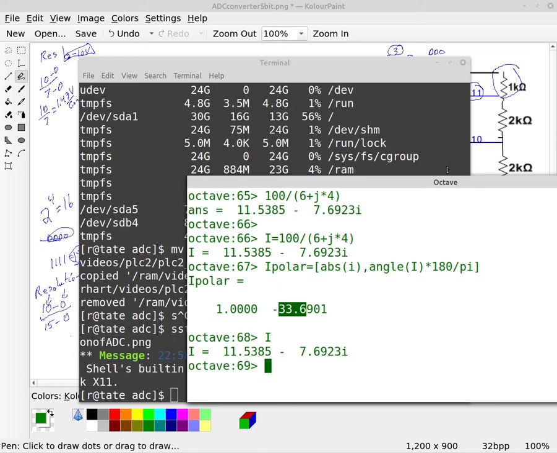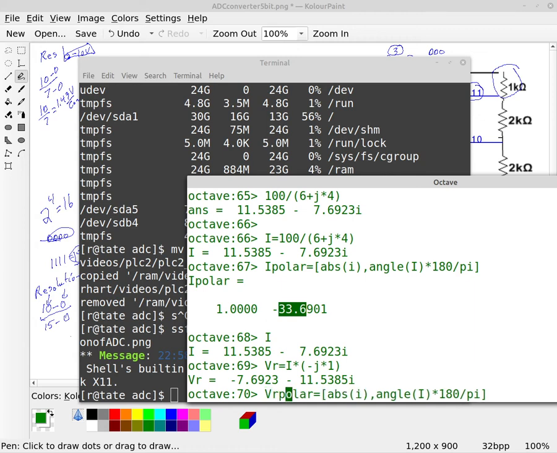But I can calculate then VR is going to be I times minus J times 1,000 ohms. Okay, so that gives me my values there, and then I'm going to convert that into polar form.